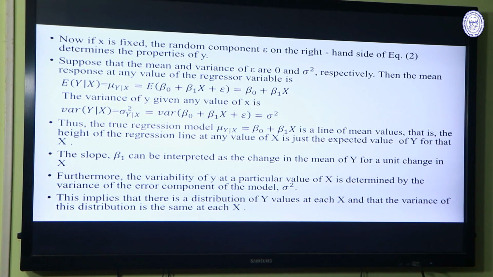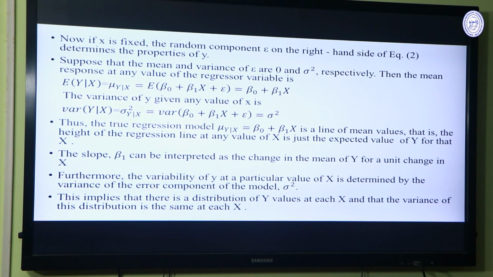This implies that the distribution of y values at each x, and the variance of this distribution, is the same because it is equal to sigma square, because that depends only on the variance of the random error term.